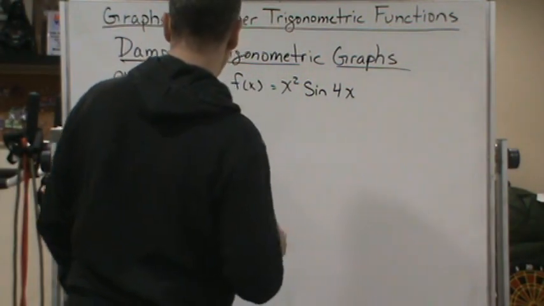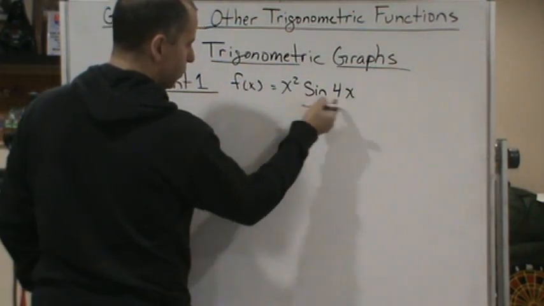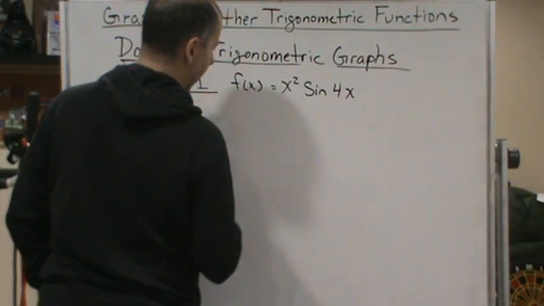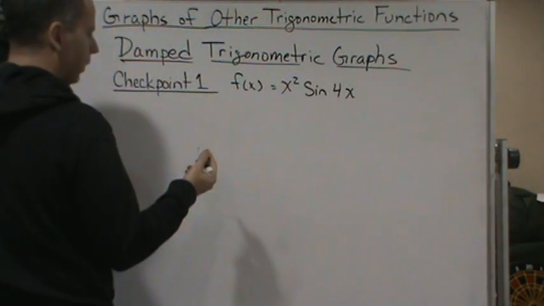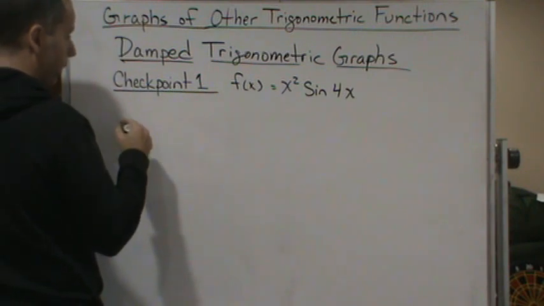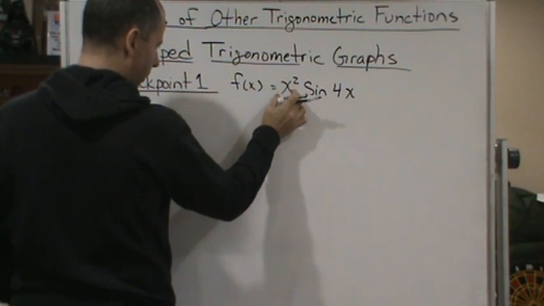So I'm going to see here our damping factor is x squared, just like before. Okay, and then we're dealing with sine of 4x. So again, I'm going to go through the behaviors of this graph. We know x squared is a damping factor, and it's a parabolic curve.